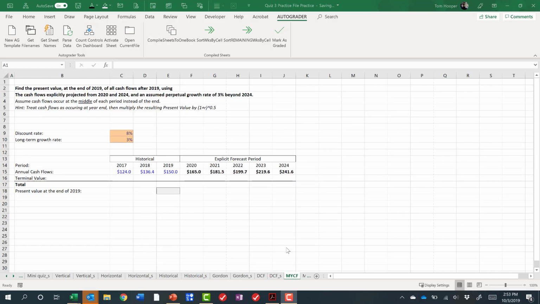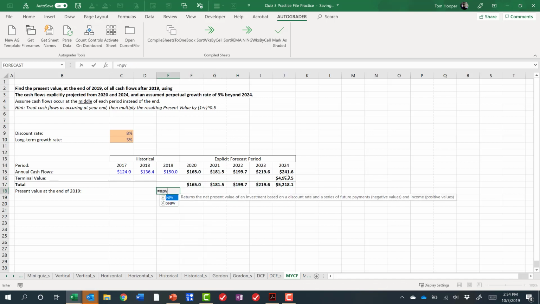We are getting some great practice here by coming in and calculating this terminal value over and over, which will be great practice, I promise. Sum it up, copy it, and take the net present value.